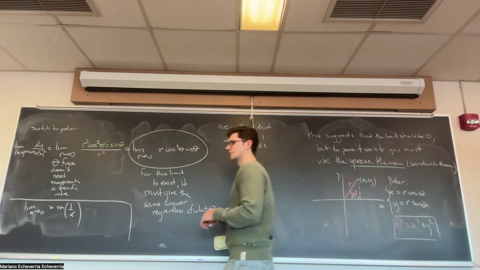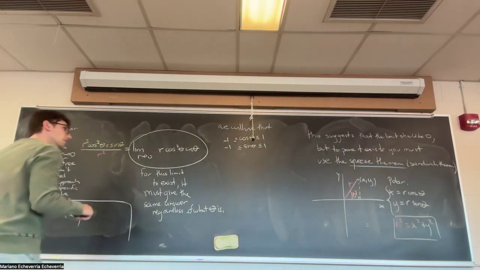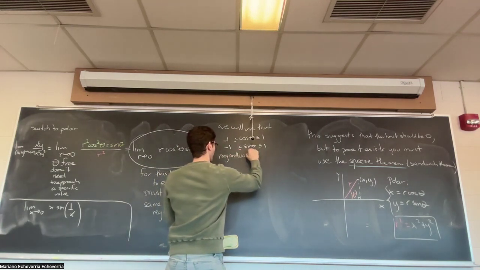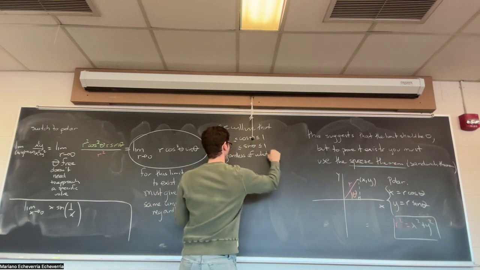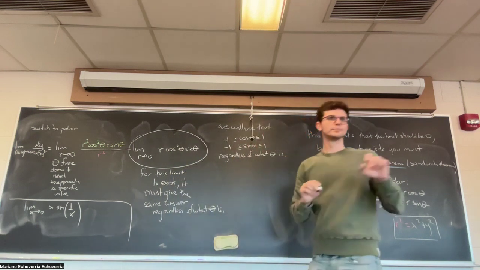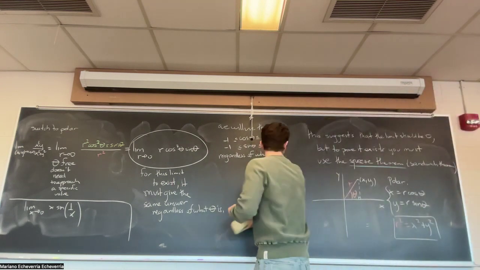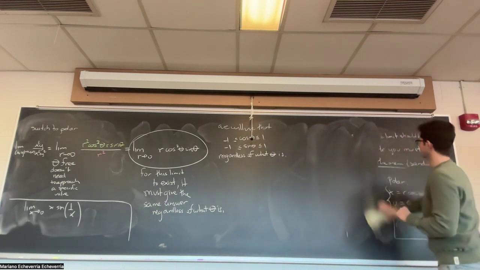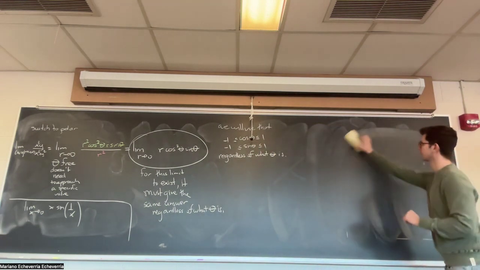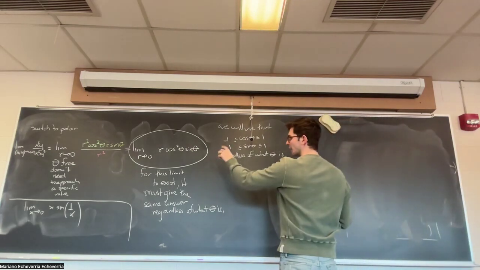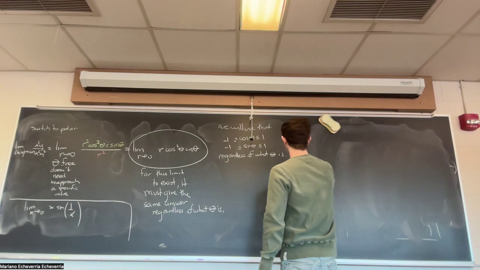Cosine and sine are always between 1 and -1, regardless of what theta is. Okay, and so why is that useful? Because let's think about r cosine squared times sine of theta.